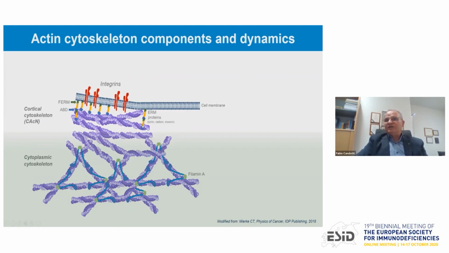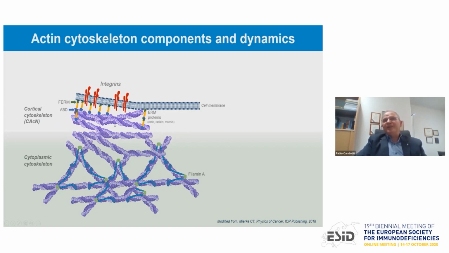This is a series of structures composed of linear actin filaments that run parallel to the cell membrane, and they are fixed to the cell membrane through the cross-linking functions of the ERM proteins, ezrin, radixin, and moesin.